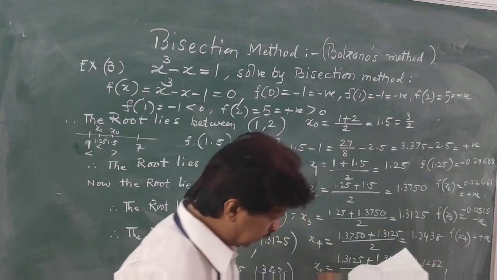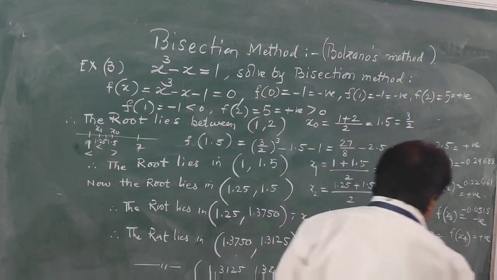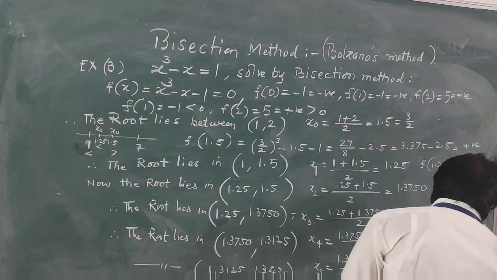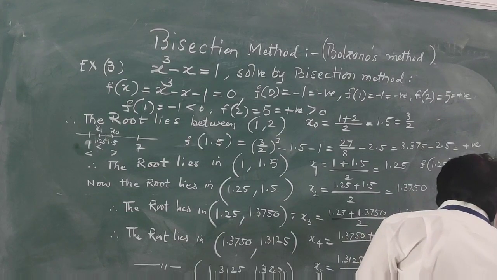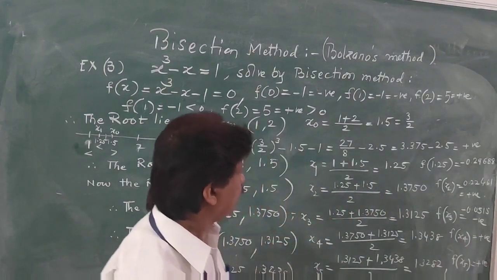And the f value of this, f of x5, is positive.